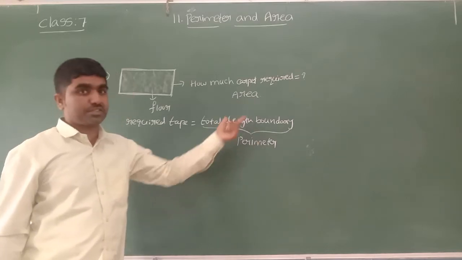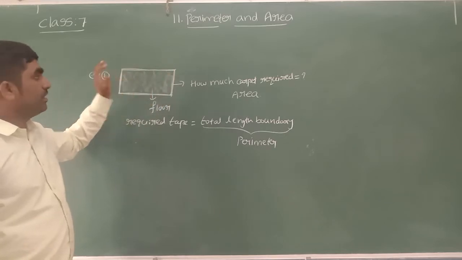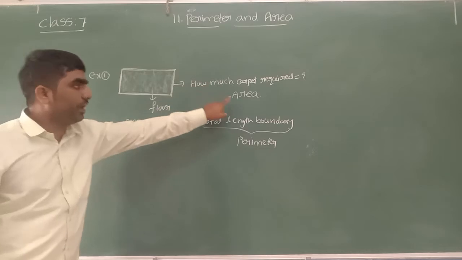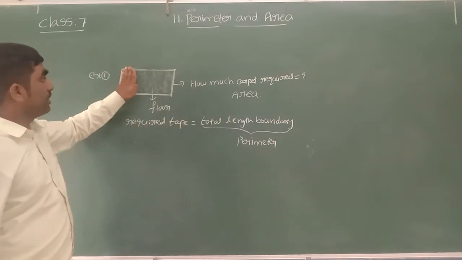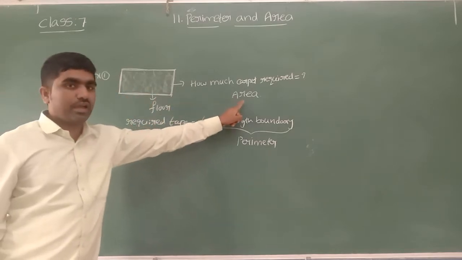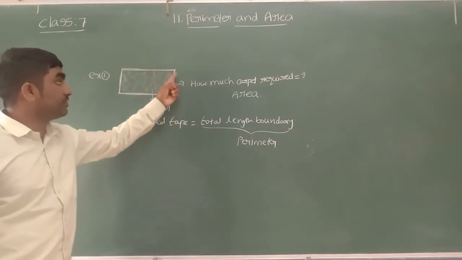Let me repeat once. The surface within the closed figure is called area, or we can say the region which is enclosed by a closed figure is called area, and perimeter is the total length of the boundary.